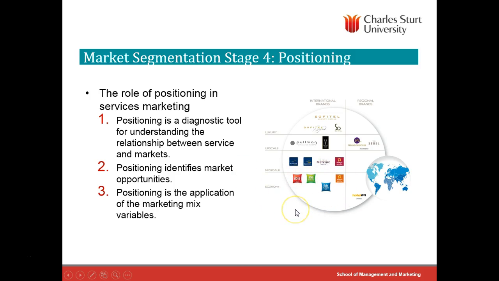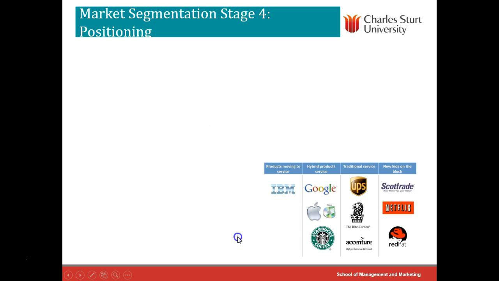And so if we go through and we think about each of these hotel chains, each of these have used positioning to look at their relationship between the service they provide and the markets. They're identifying market opportunities. So up here it's obviously margin, down here it might be volume. And of course, they've altered their marketing mix as part of that for a particular market segment.